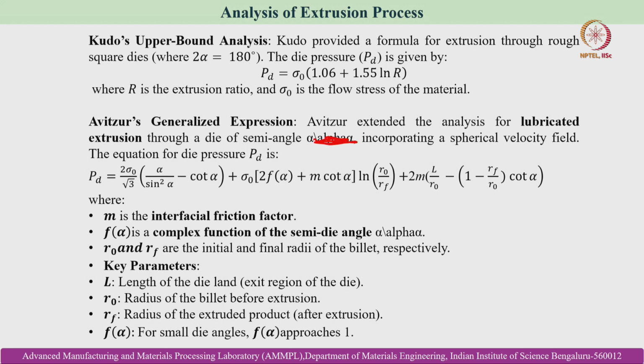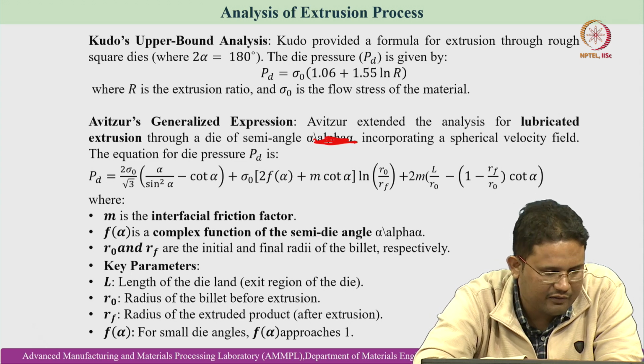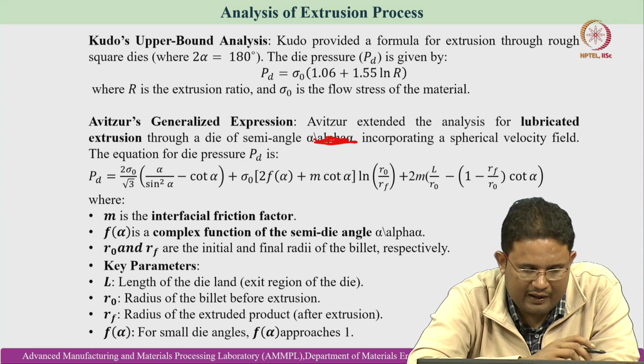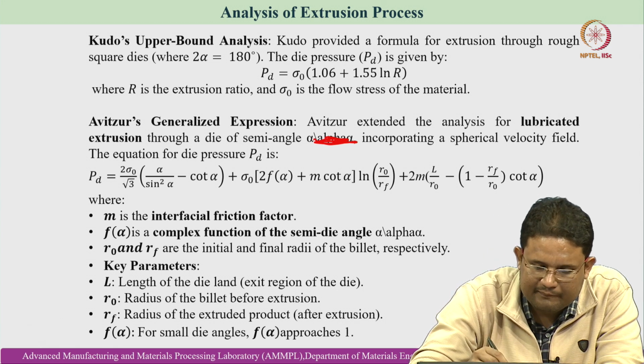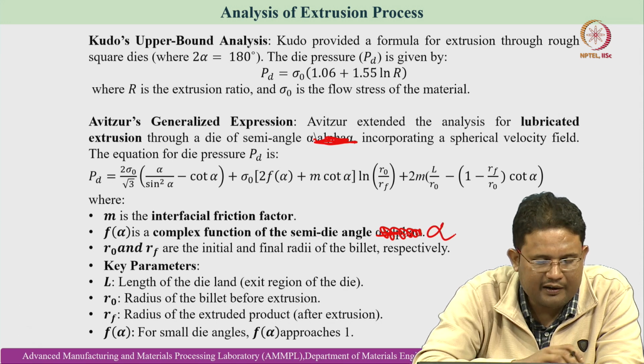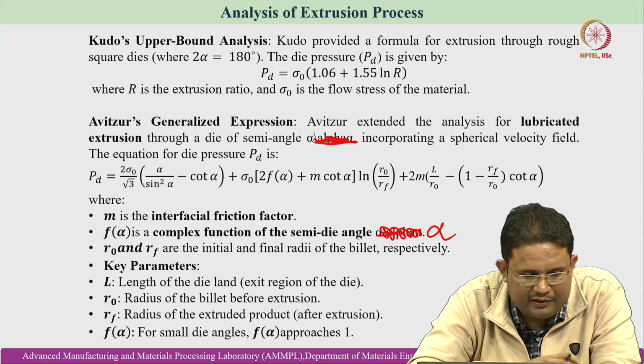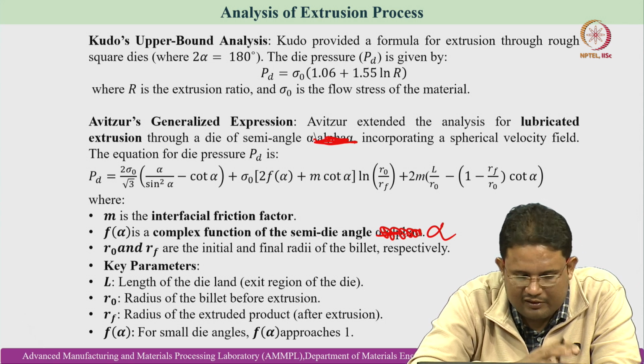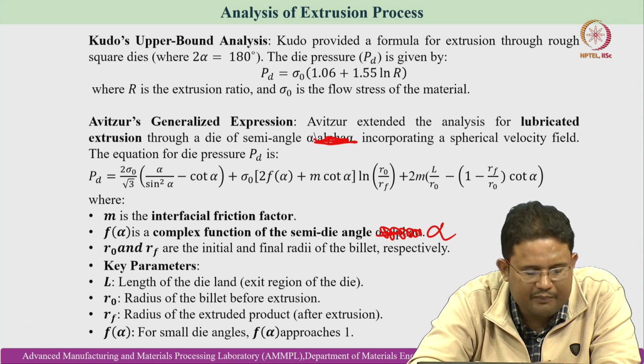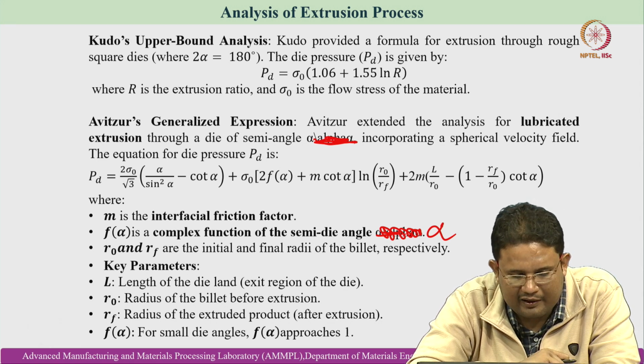So, the equation for die pressure PD in line with Abhidzur's generalized expression becomes like this, which is PD is equal to 2 sigma 0 by root 3 into alpha by sin square alpha minus cot alpha plus sigma 0, that is the flow stress, into 2 function of alpha plus m cot alpha into ln r0 by rf plus 2m bracket L by r0 minus 1 minus rf by r0 into cot alpha, where m is the interfacial friction factor and f alpha is a complex function of the semi die angle alpha. r0 and rf are the initial and final radii of the billet respectively, and L is the length of the die land exit region of the die, r0 radius of the billet before extrusion, rf radius of the extruded product, and f alpha for small die angles approaches 1.